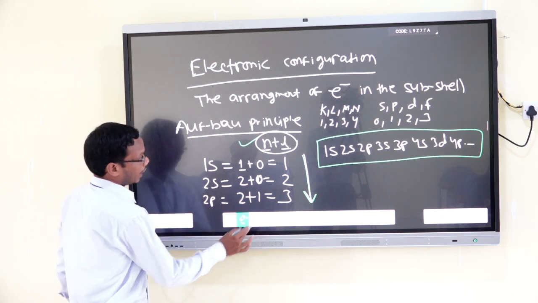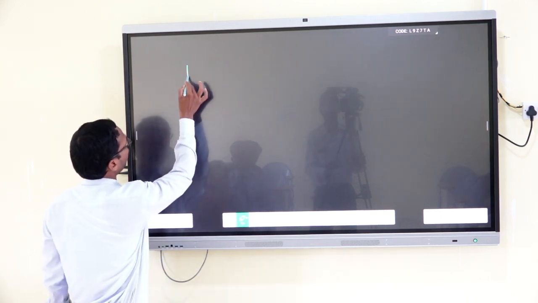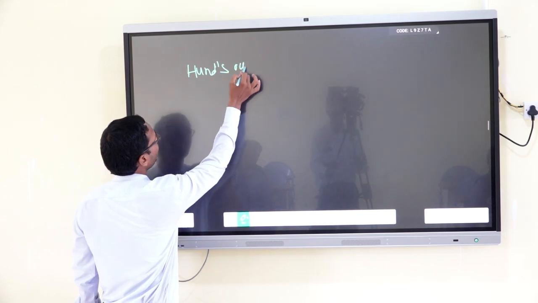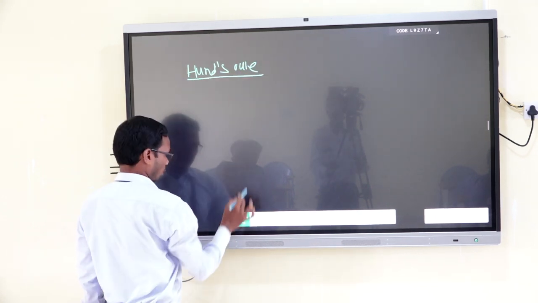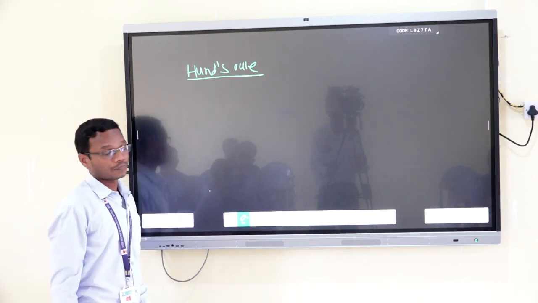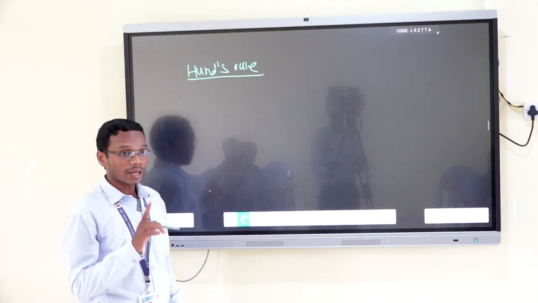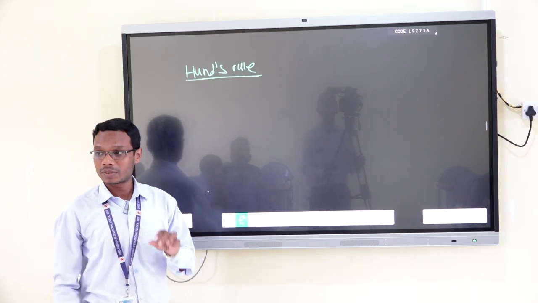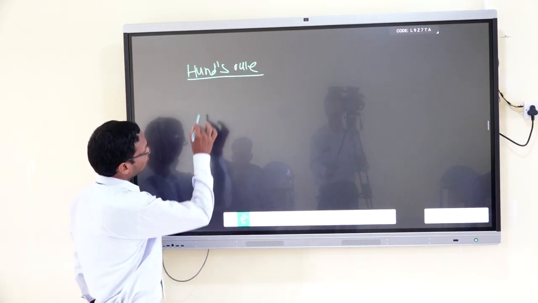Next, another important rule is Hund's rule. Hund's rule says that no pairing of electrons takes place unless each orbital is filled by a single electron.